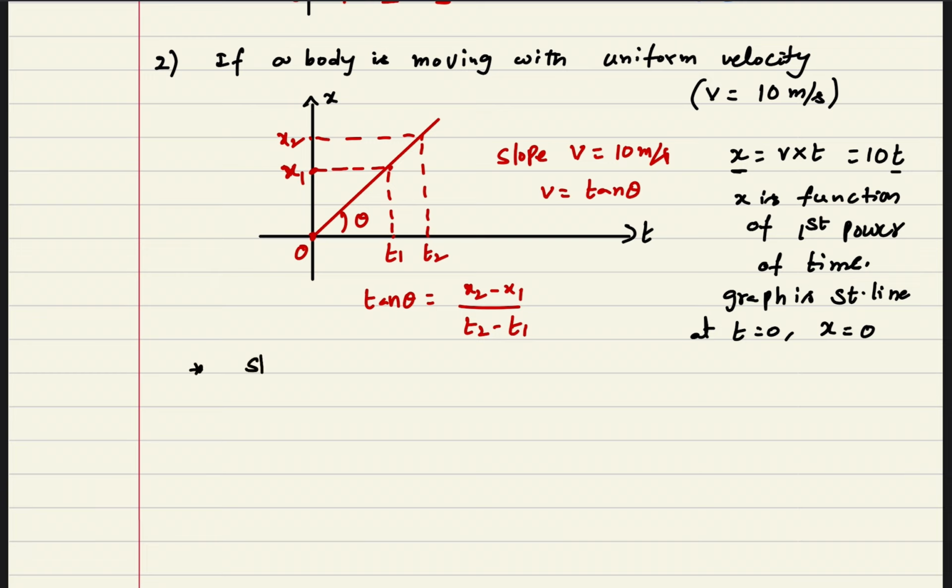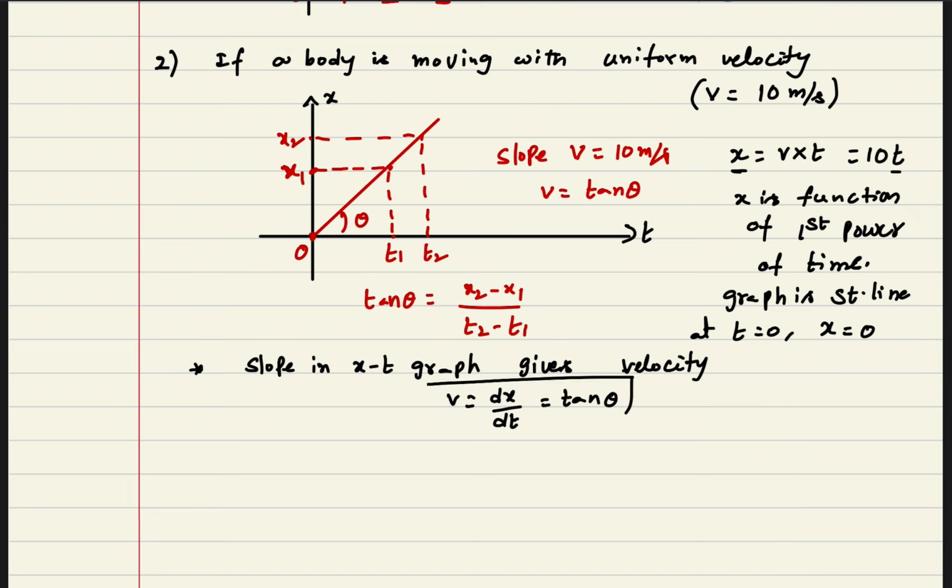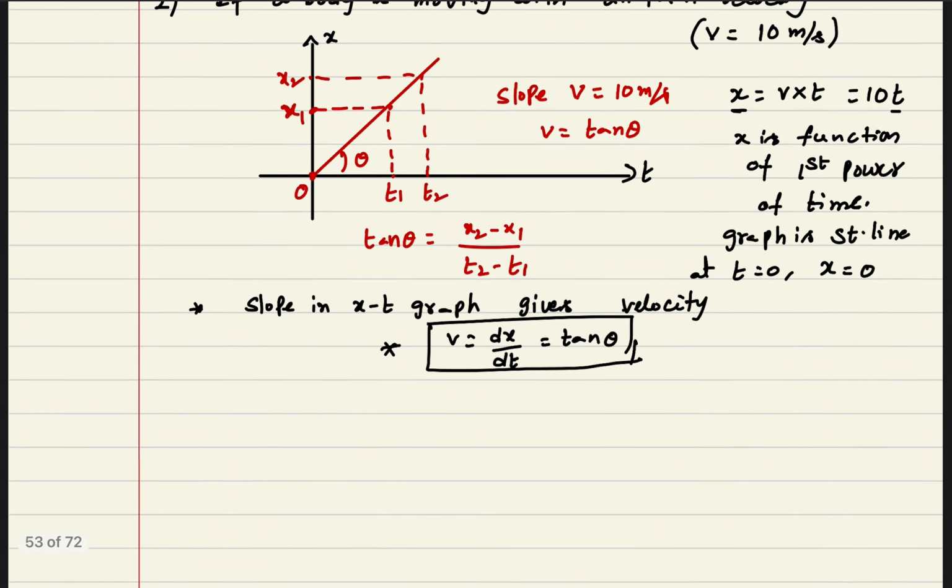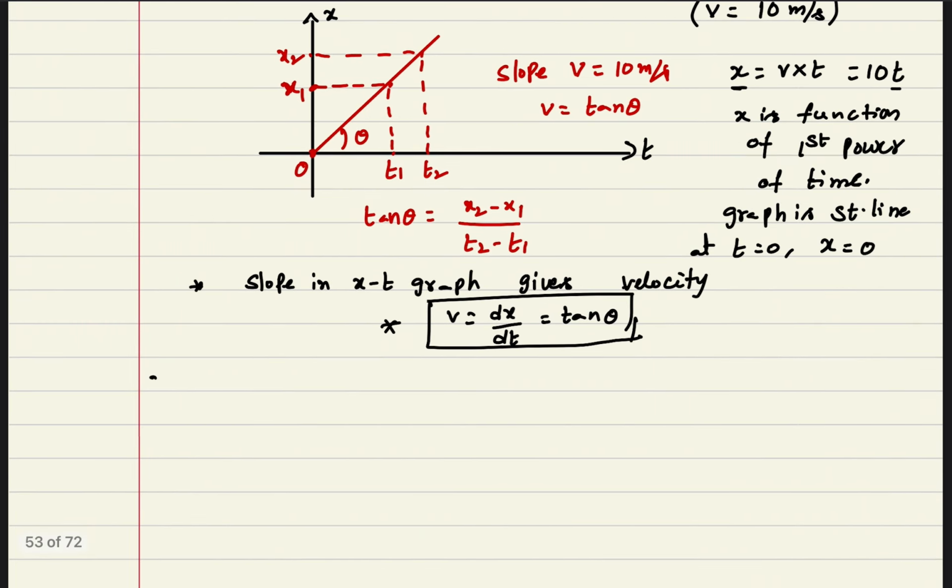From this we can say that the slope in an x-t graph gives the velocity. At any point, if you want to calculate velocity, you can write dx by dt or tan theta. This is one of the relations you have to keep in your mind.